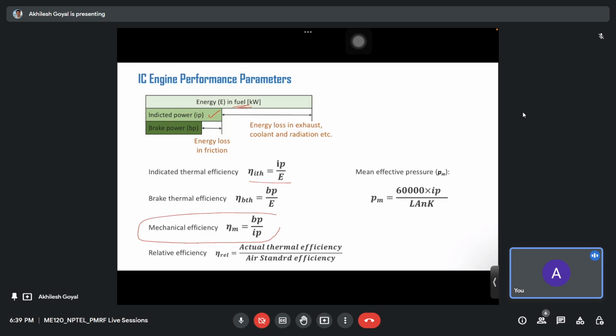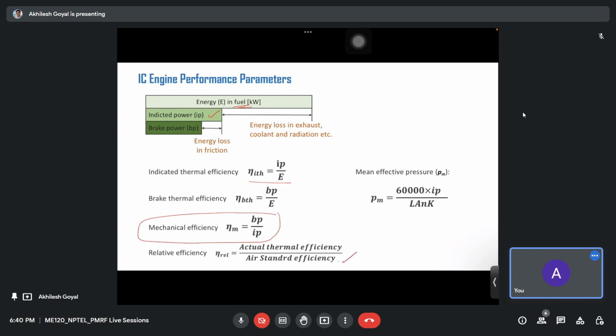All these engines work on a thermodynamic cycle. The relative efficiency is defined as the actual efficiency of the engine divided by the efficiency of the standard cycle that the engine follows.